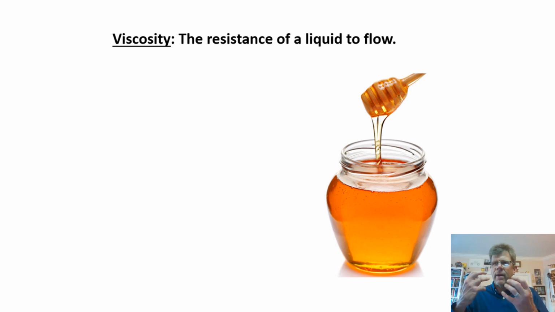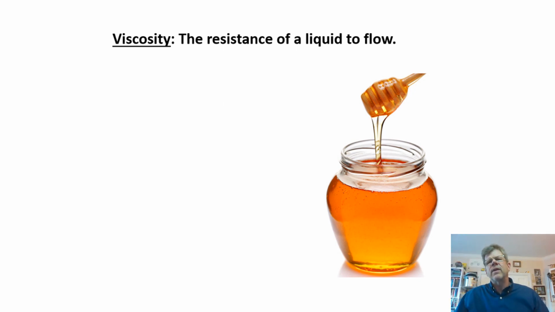It does originate from the particles of the liquid, but now we're looking at it from a macroscopic observational point of view. And it shows a pot of honey here. Honey could be said to be very viscous compared, say, to water or something like that. Honey pours very slowly. It has a resistance to flow.